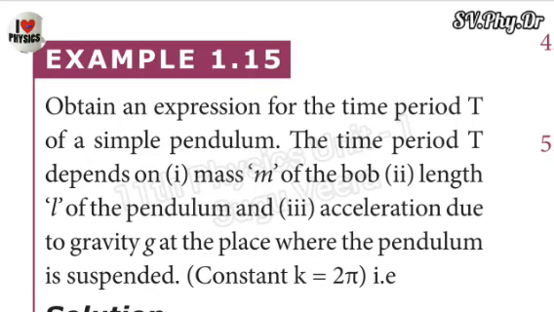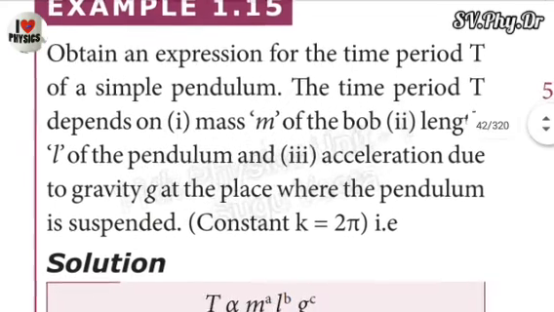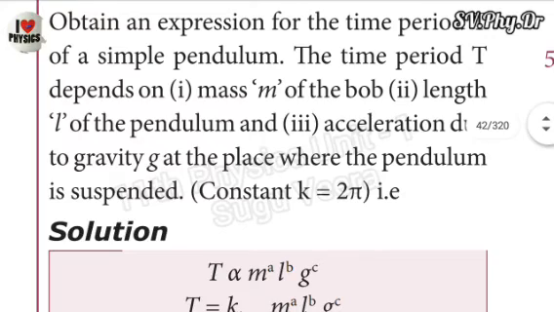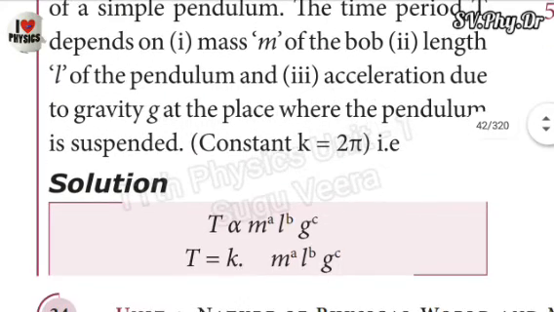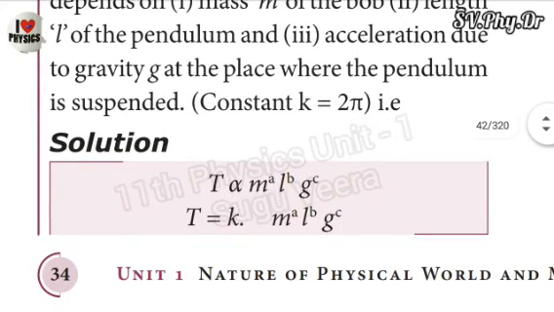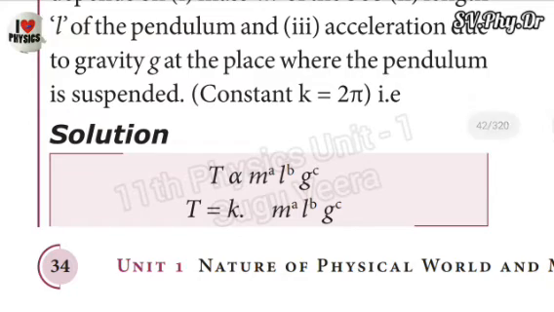For example 1.15, obtain an expression for the time period T of a simple pendulum. The time period depends on first the mass m of the bob, second the length l of the pendulum, and third the acceleration due to gravity g at the place where the pendulum is suspended. Here the constant K is 2 pi.